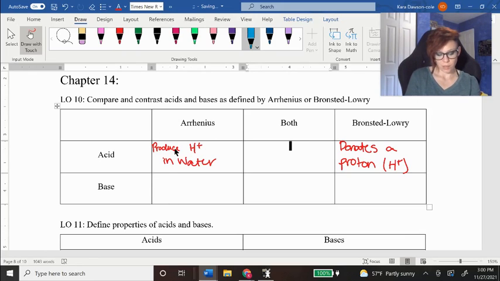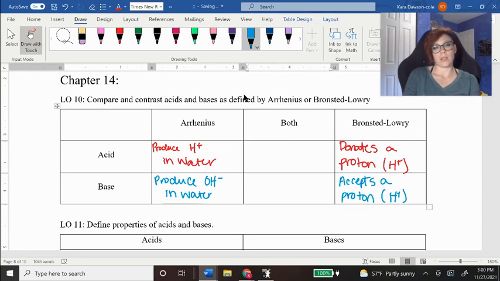Bases produce hydroxide, OH-, in water. Whereas in the Bronsted-Lowry definition, a base accepts a proton.